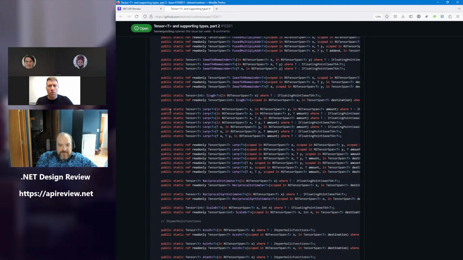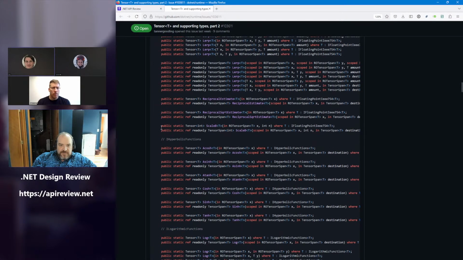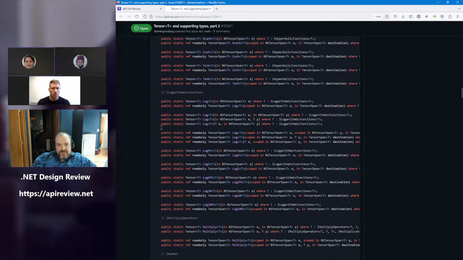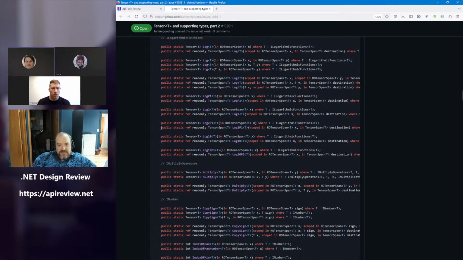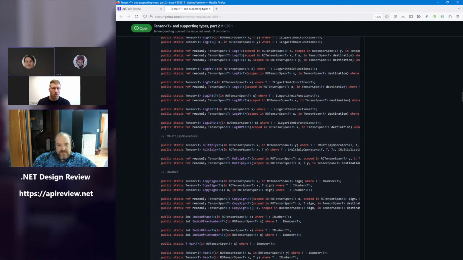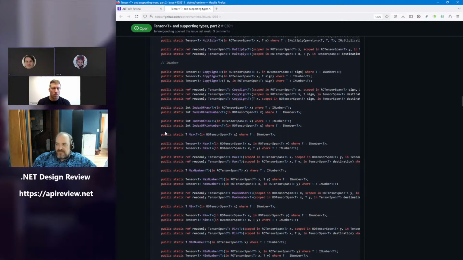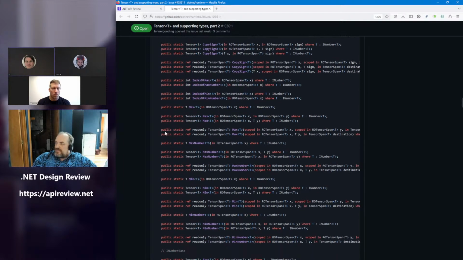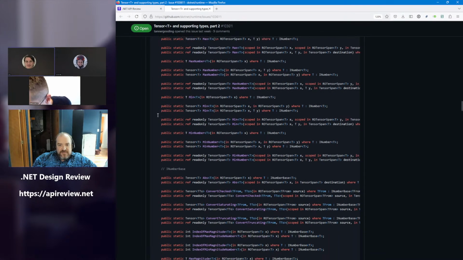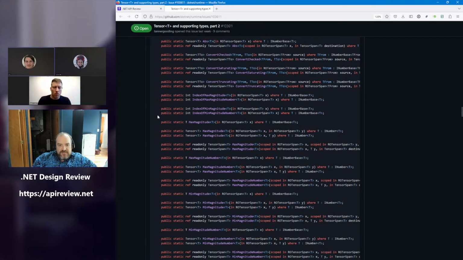We then have the hyperbolic functions, the logarithmic functions, multiply, the standard INumber functions, including copy sign and the index of, and then the various max and min number functions. The number base, which includes absolute, the conversion, the max magnitude, since comparing magnitudes is valid for all number types, including complex.